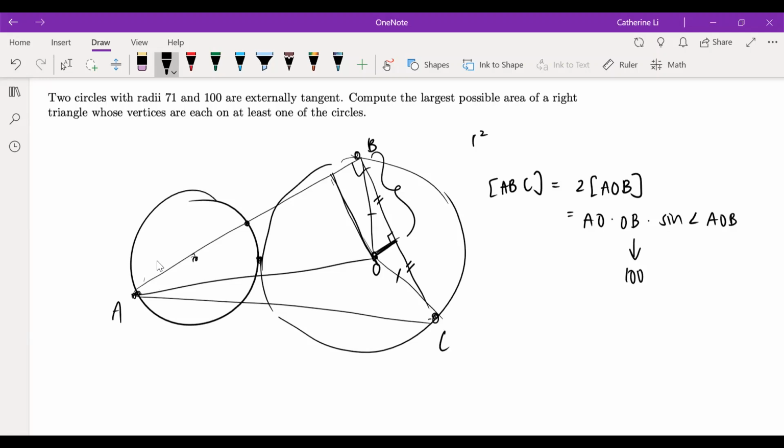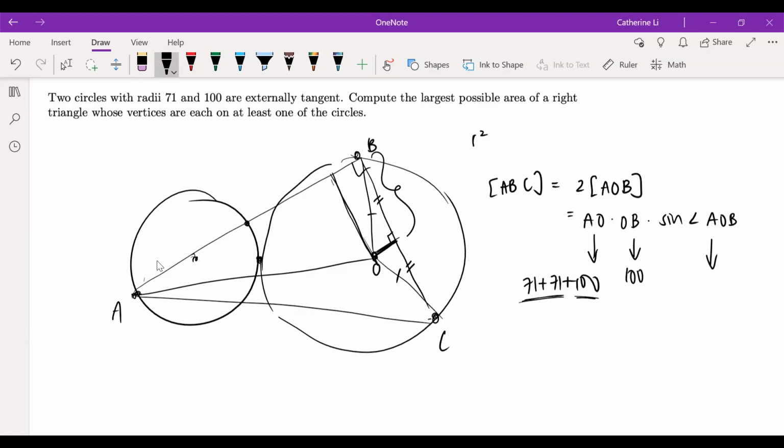And yeah, if we have AO and AOB as the only variables, the largest that AO can be is 71 plus 71 plus 100, because we're taking the distance from one point on the first circle to the center of the second one. So the biggest that can pass through each of them is like twice 71 and 100.